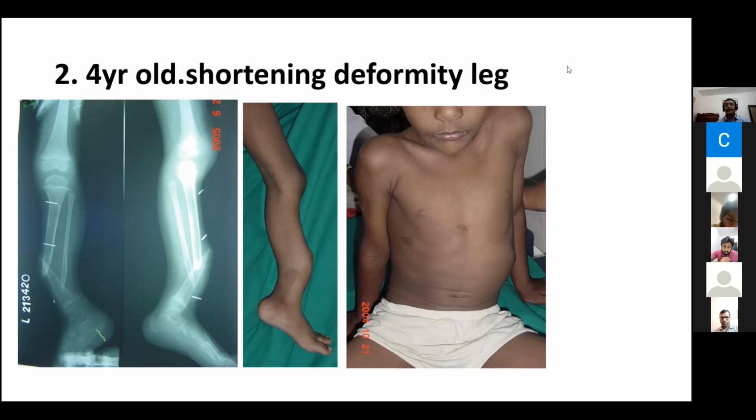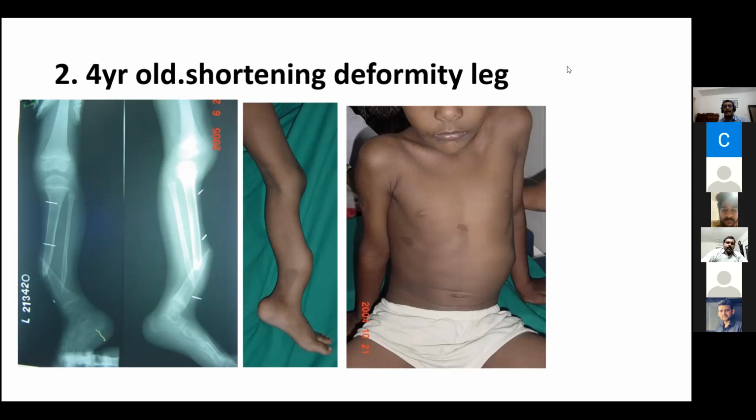Now, when you operate on this case, what is the first thing you do? What is the basic pathology here in the congenital? Hamartomatous tissue at the periosteum has to be removed, sir, because that is what is causing the graft resorption.